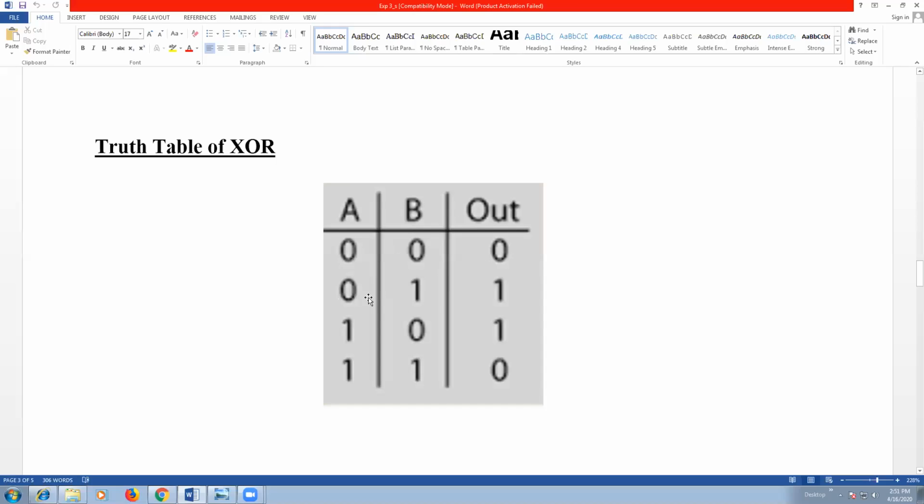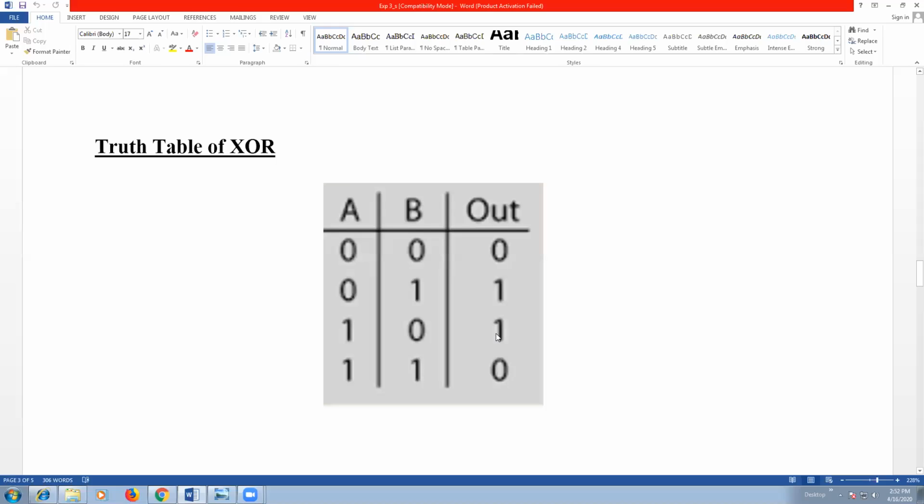Then A 0 B 1, then output will be 1. Then if A is logical 1 and B is logical 0, then output is logical 1. Then if A input is logical 1 and B input is logical 1, then the output is logical 0.